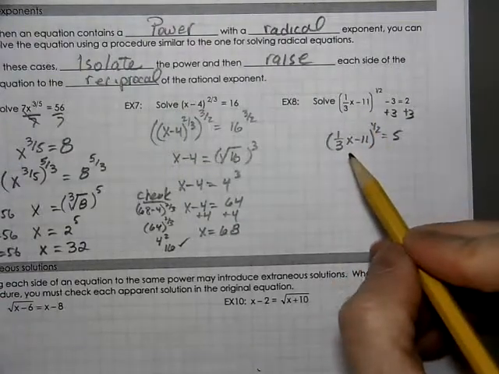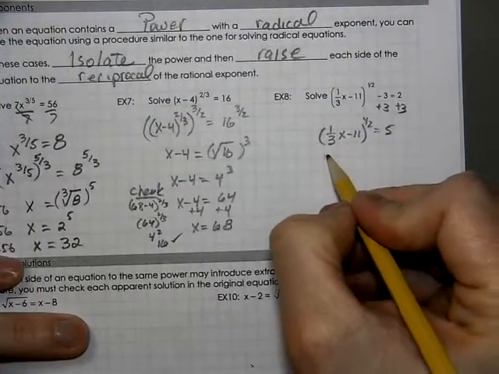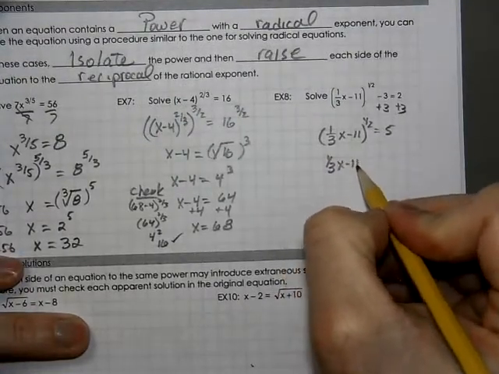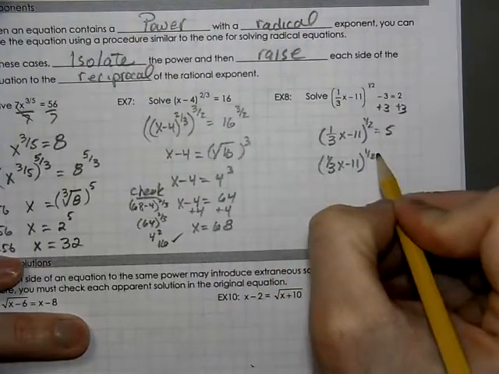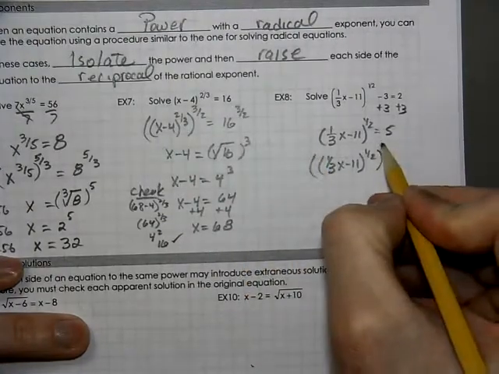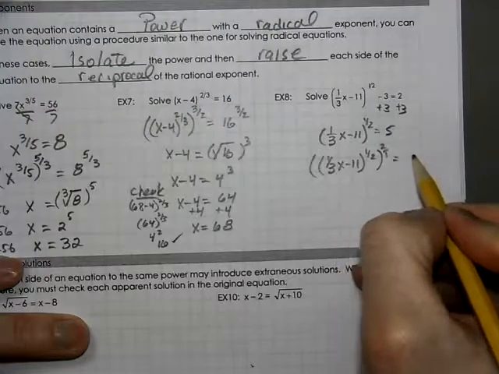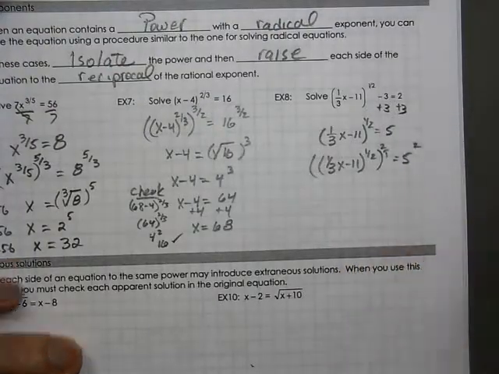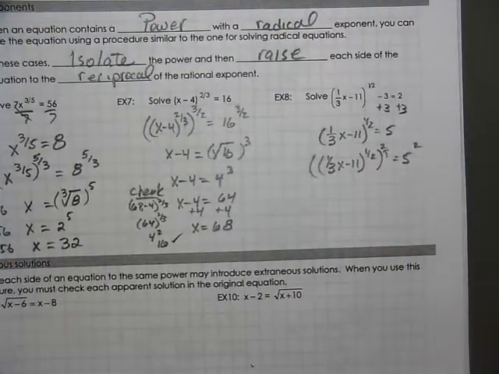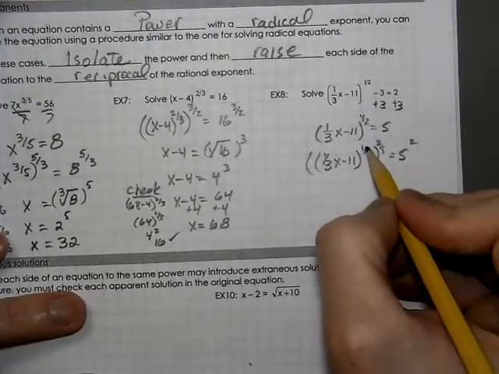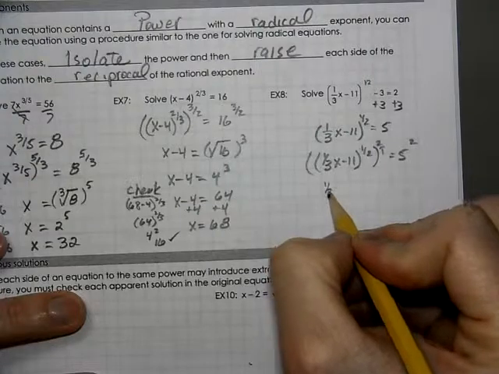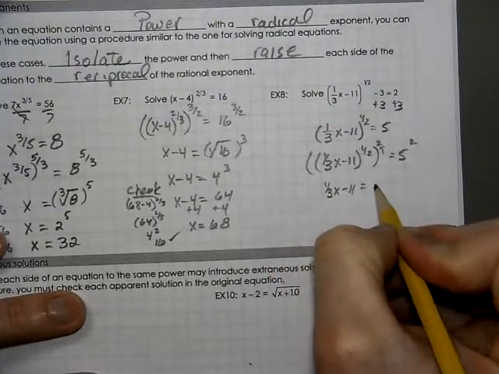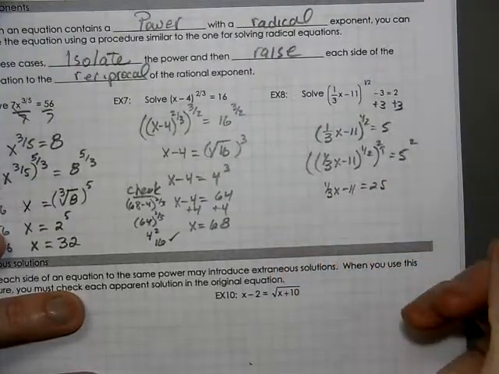Now we have that isolated. So to get rid of the 1/2, we're going to raise it to the 2 over 1, and we do it to the other side also. 2 over 1 is the same thing as just squared. So we get 2 over 2, which is a value of 1, so we just get 1/3 x minus 11 equals 25.